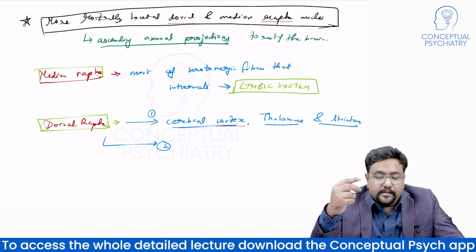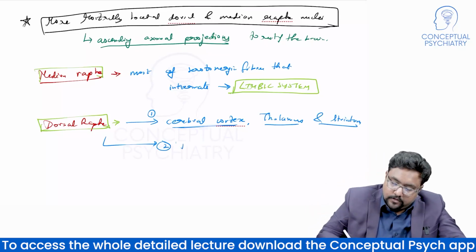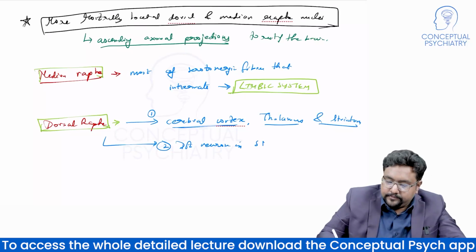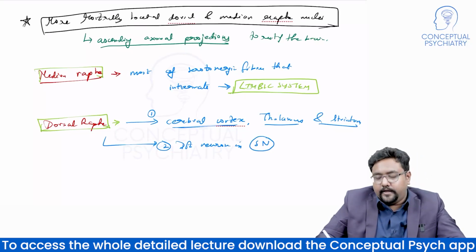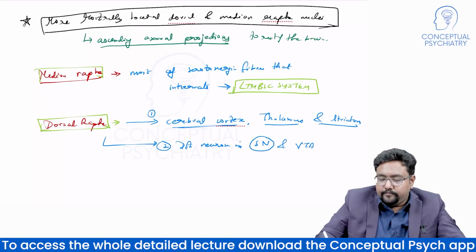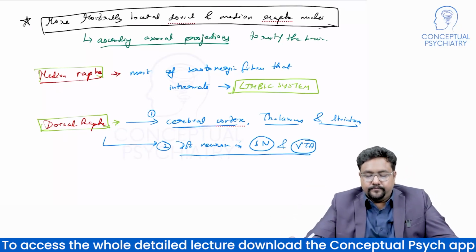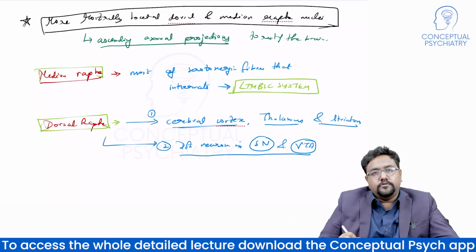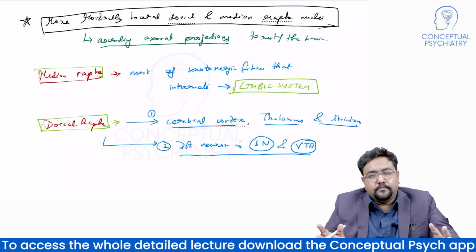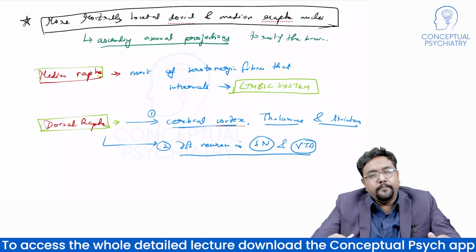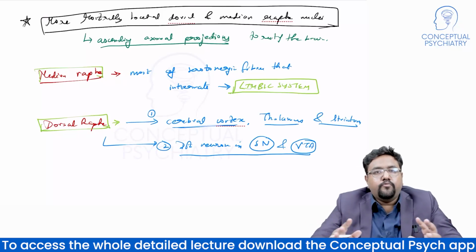While the other pathway will go to the dopaminergic neurons in substantia nigra, SN for substantia nigra, and the VTA, the ventral tegmental area. So, as you can see, it is connected to the dopaminergic neurons, so it can modulate the dopaminergic areas. Okay, it is connected to the limbic system, so it has got widespread connections.